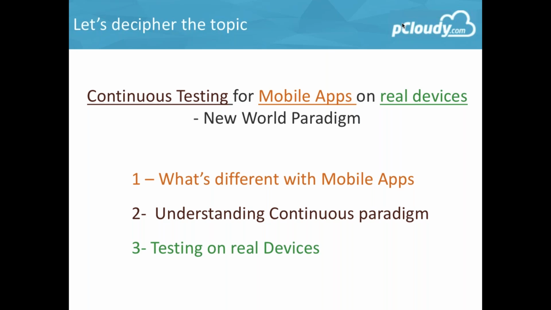Second, and that's where most of our focus is going to be, understanding this whole continuous paradigm. And third, what is the role of testing when it comes to this continuous paradigm? And I'll also try to end this session with a live demo of our platform, and we'll try to showcase how it fits into the topic of discussion. So are we all set?